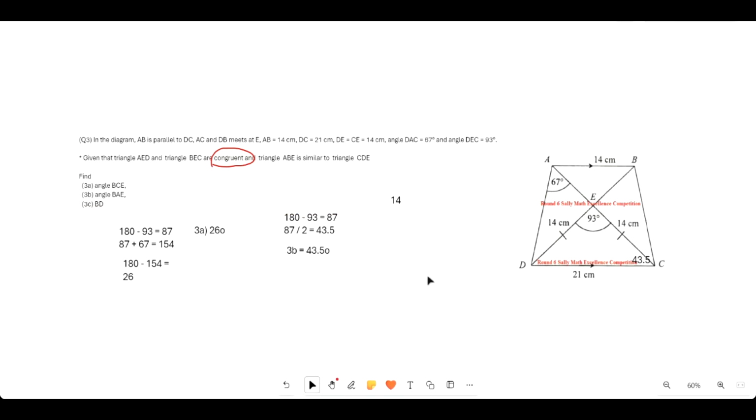We just need to find the length of B to E, which is this part of the line. The clue given is that triangle ABE is similar to triangle CDE, which means the triangles are proportional. As you can see, here is 21 cm and here is 14 cm.